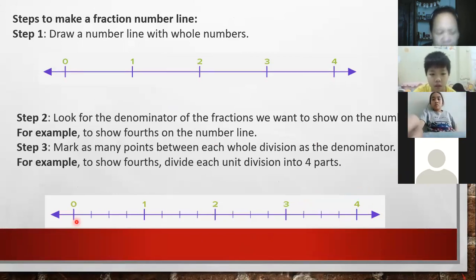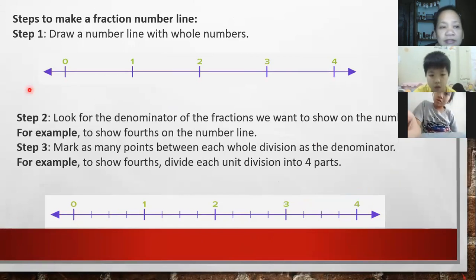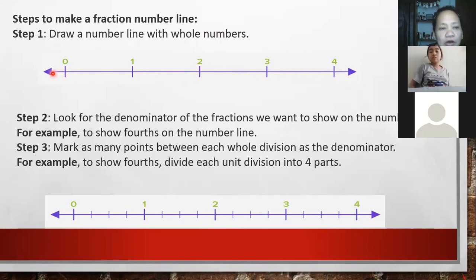To make a fraction number line, there are steps. Step 1, draw a number line with the whole numbers. Okay. Look, this is the number line with whole number. So, step 2, look for the denominator of the fraction we want to show on the number line. Example, to show 4 on the number line.